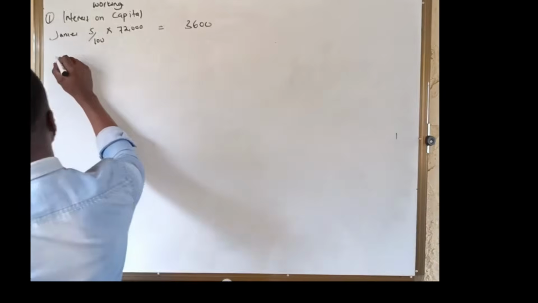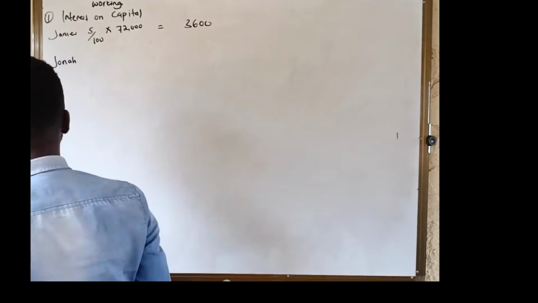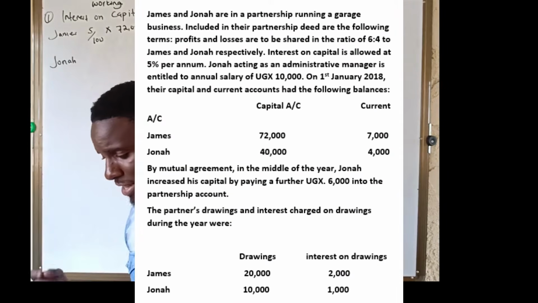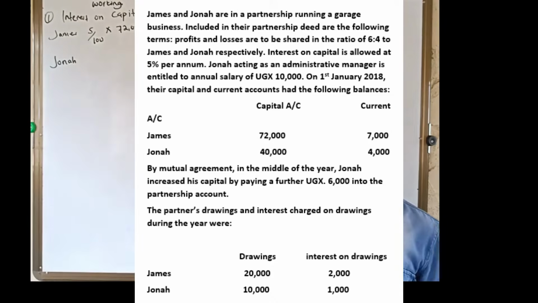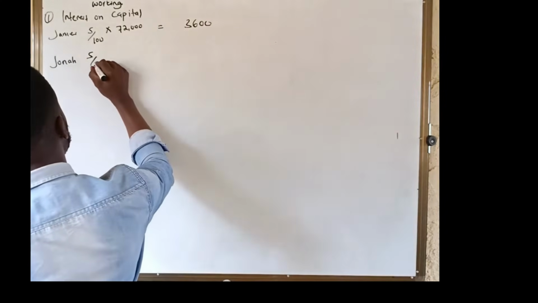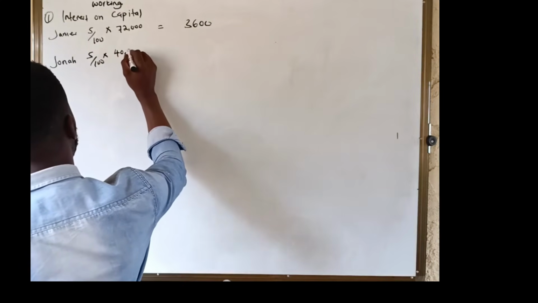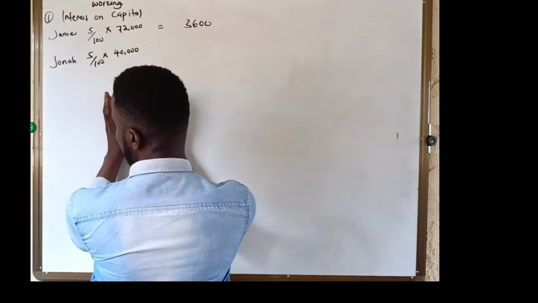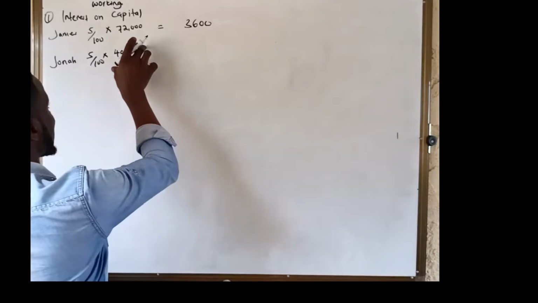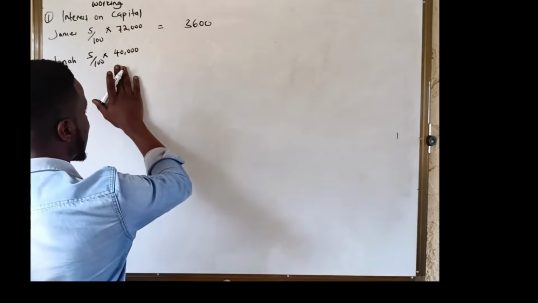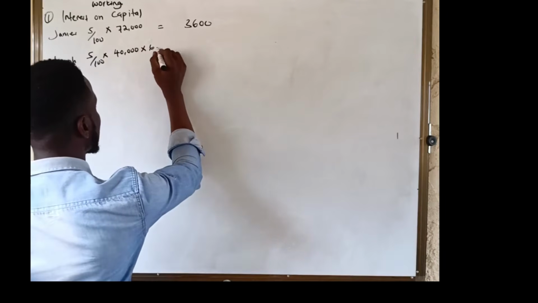Then when it comes to Jonah, they are saying that it is 40,000, but in the middle of the year, that means 6 months, he added another capital. So Jonah is 5/100 times the 40,000, because this amount was there from January to June.